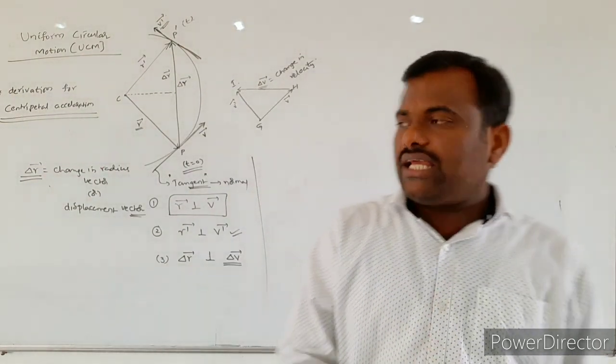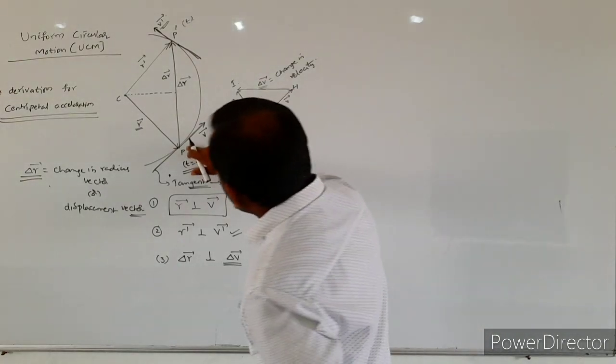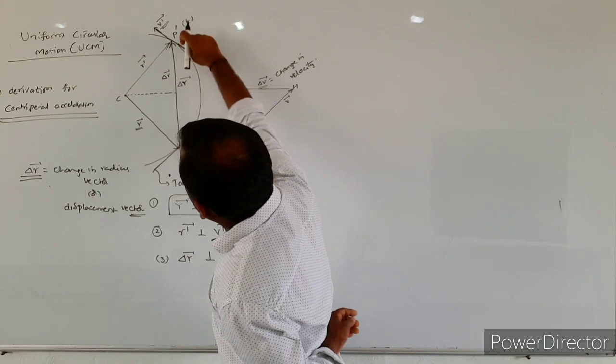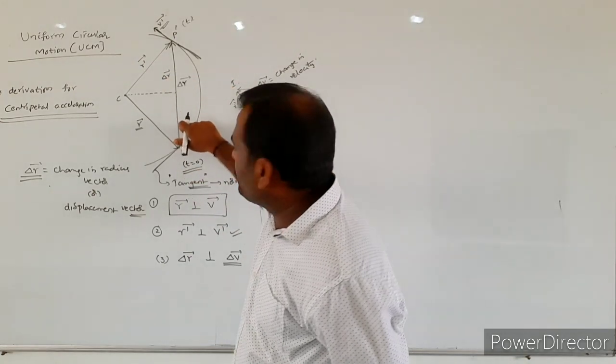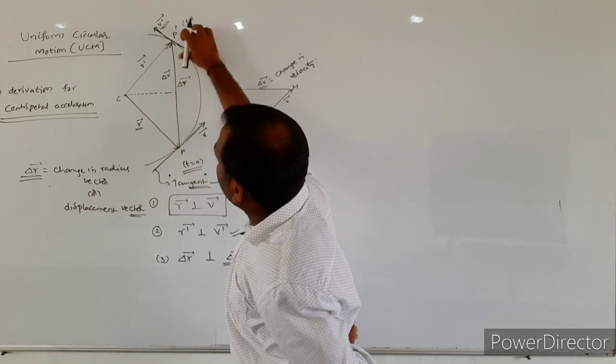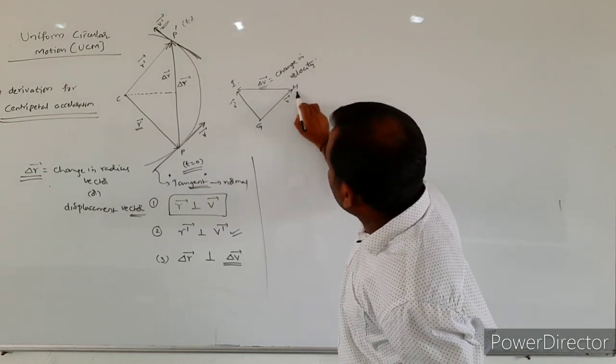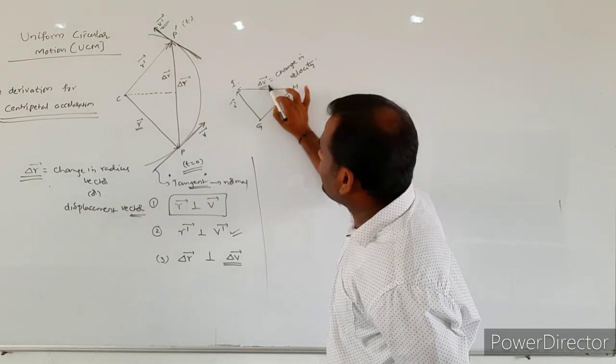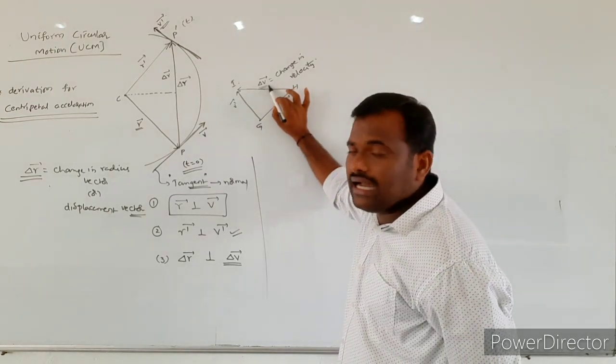Okay. So in which direction? If you look at the diagram, the change in position vector is acting from where to where? P to P dash. Now, this is indicating what? Delta V bar.